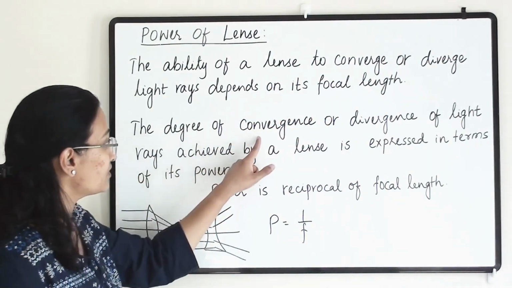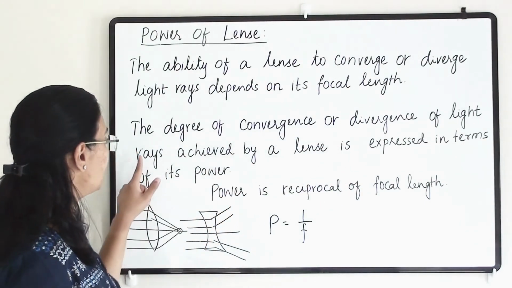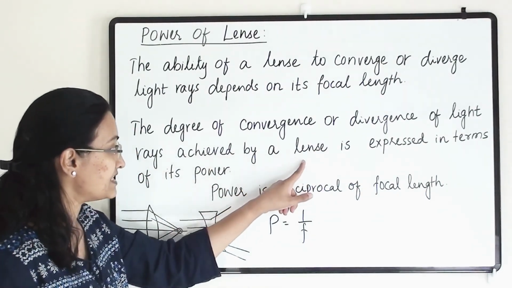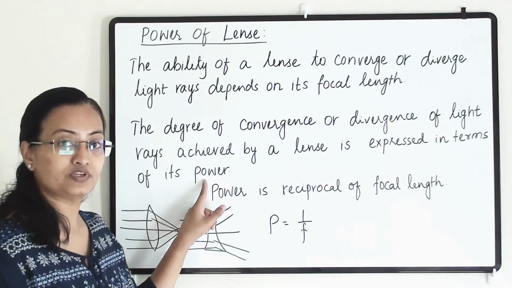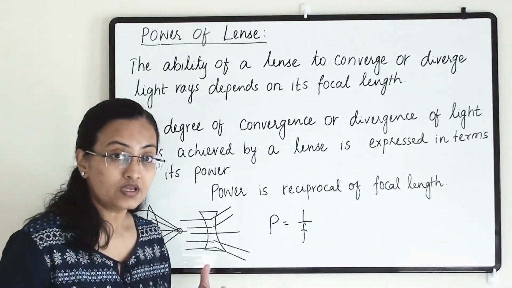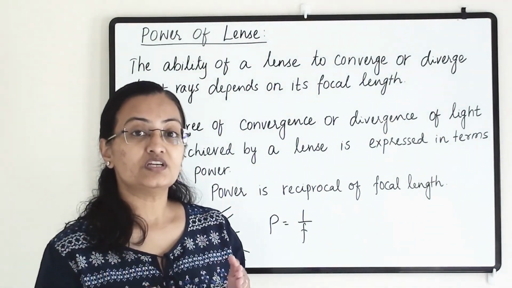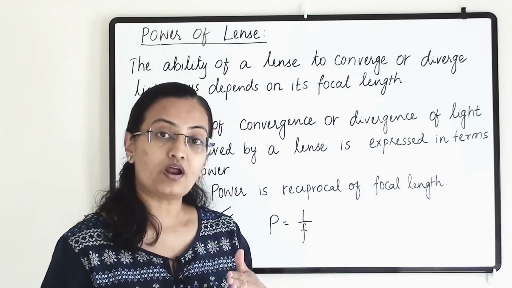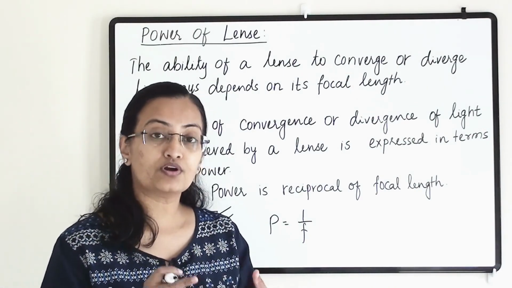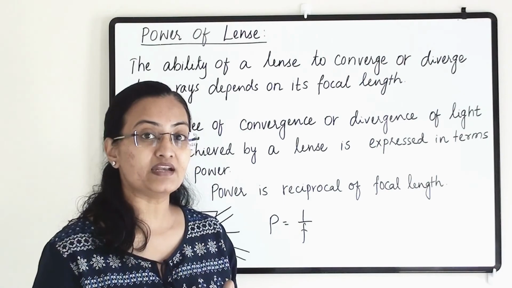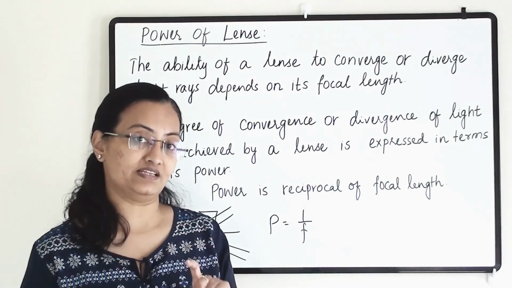The degree of convergence or divergence of light rays achieved by a lens is expressed in terms of its power. So in short, how much it can bend light or how much it can converge or diverge light depends upon the power of the lens.